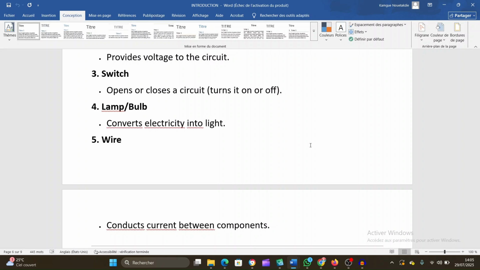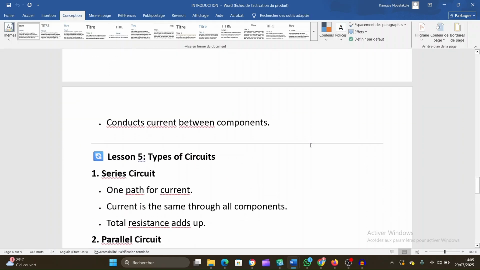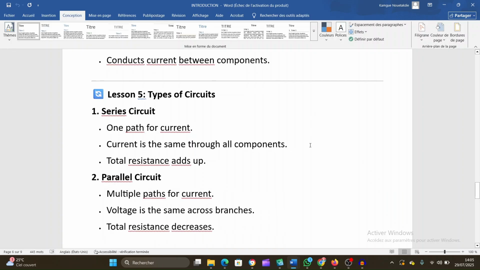We said the battery produces or provides voltage to the circuit, because once it is charged, it provides. We mentioned a switch that turns a circuit on and off. We mentioned a bulb that converts electricity into light, and the wire conducts current between components. It conducts from point A to point B, bulb, switch. That's what a wire does.